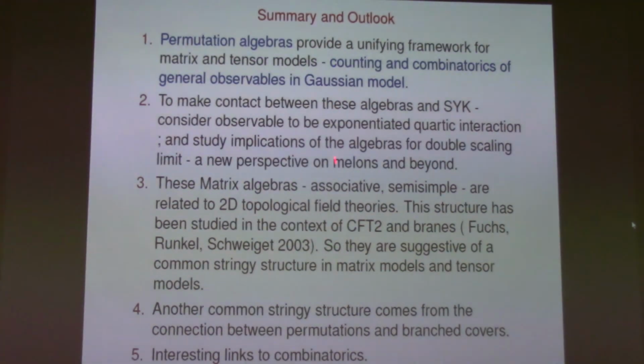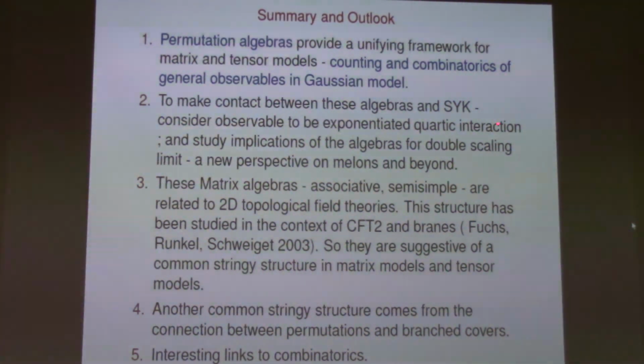To summarize, permutation algebras provide a unifying framework for matrix and tensor models. The counting and combinatorics of general things in Gaussian models at least can be done neatly using these algebras. It would be nice to make more direct contact between this algebraic approach and the SYK model.